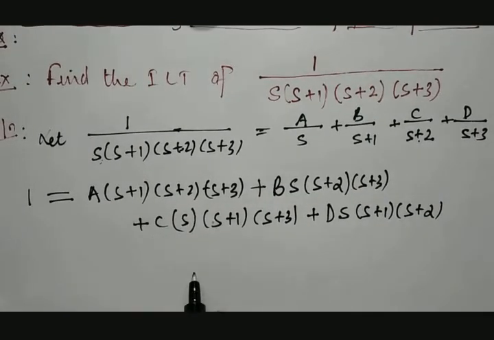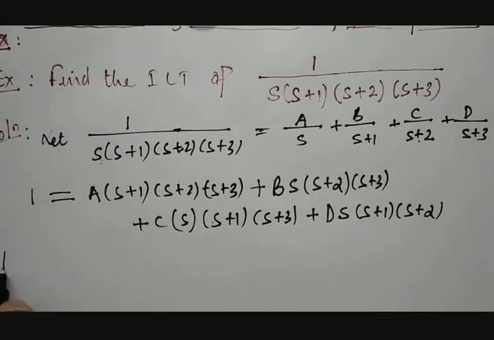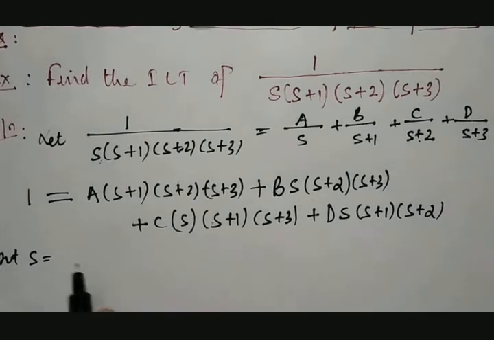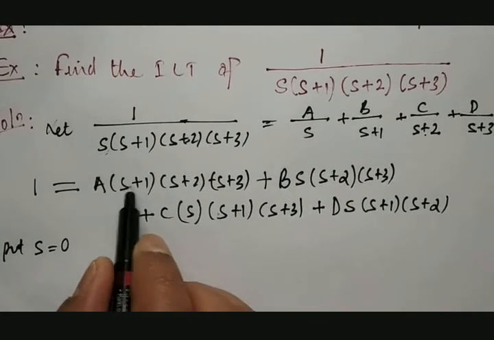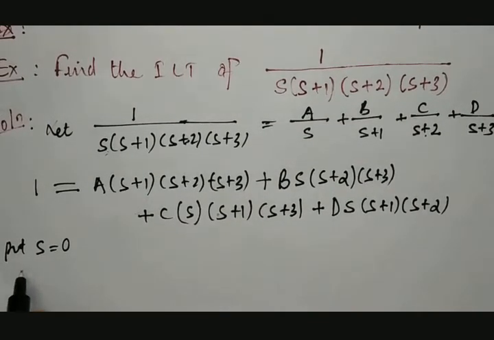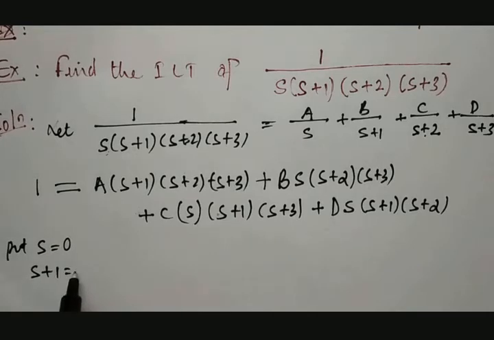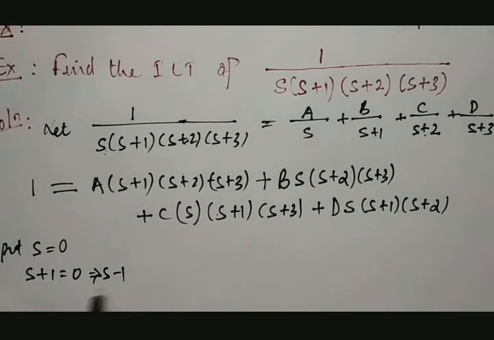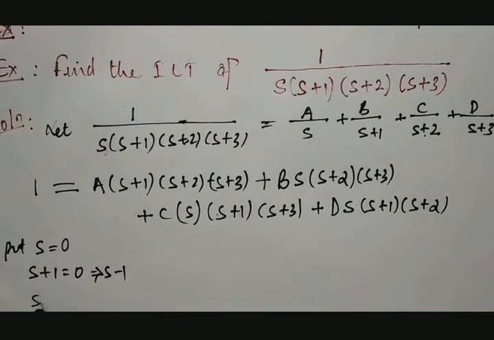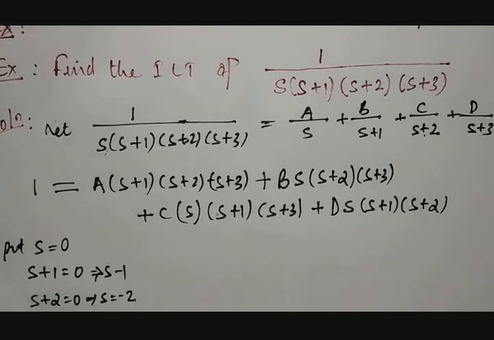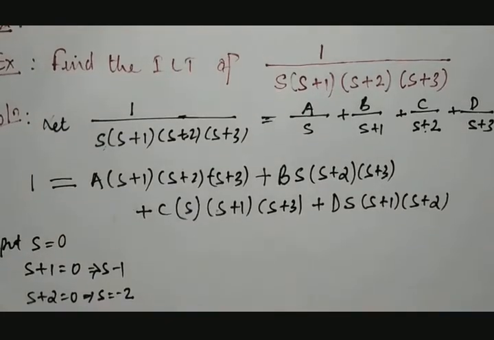What are the values we can substitute? Let us see. We can put s is equal to 0. Then s plus 1 is equal to 0 means s is equal to minus 1. Then we can put s plus 2 is equal to 0, that means s is equal to minus 2. We can put s plus 3 is equal to 0, which means s is equal to minus 3.